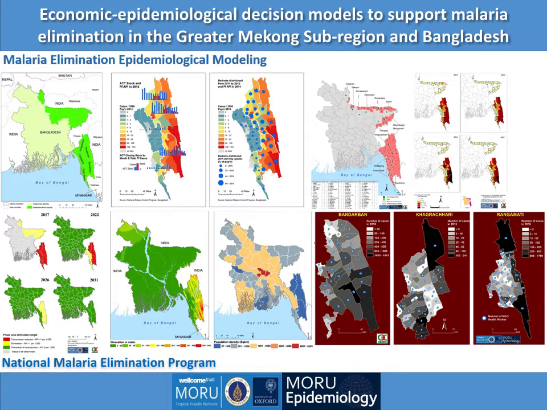At the bottom, the first map represents the phase-wise malaria elimination target, and you can see the elevation and population density placed next. The final map is the NGO health worker distribution on top of the number of cases in 2016 in Bandarban, Khagrachari, and Rangamati.